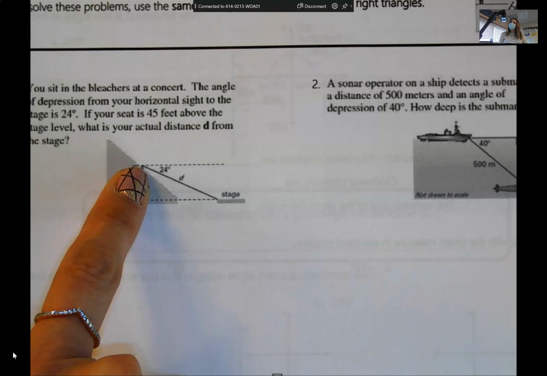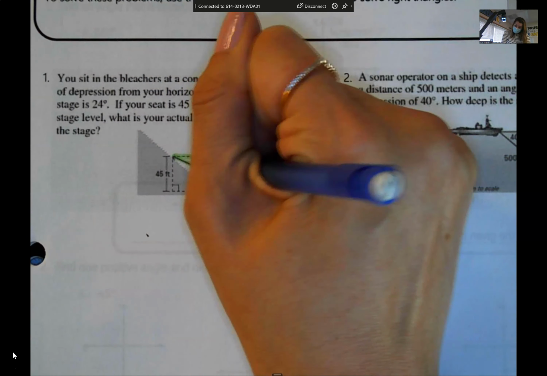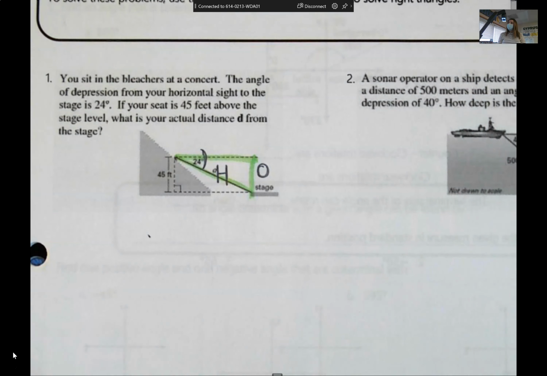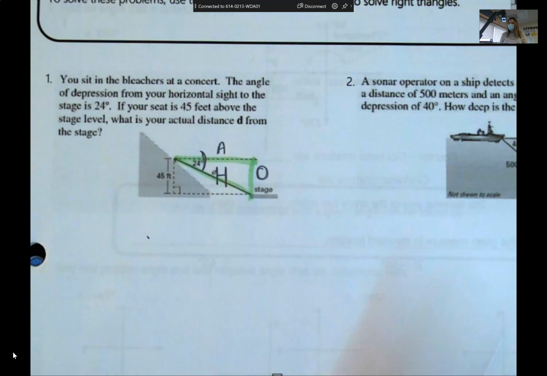Now, we have to name this triangle based off of this angle. So this is your opposite side, because it's across from 24. D is your hypotenuse, which means that the adjacent is the top of the triangle.